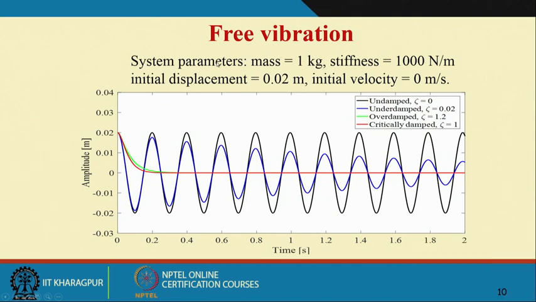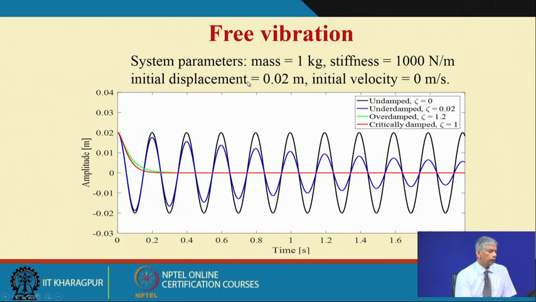So, this is the free vibration of a body of mass 1 kilogram, stiffness k is equal to 1000 Newton per meter, initial displacement x naught as 0.02 meter, initial velocity v naught as 0, and these are the plots for a few different cases of zeta. We will see the case of an undamped motion, the black line.